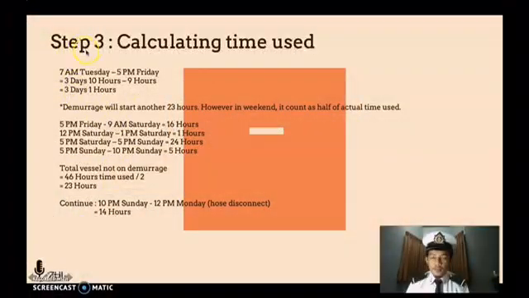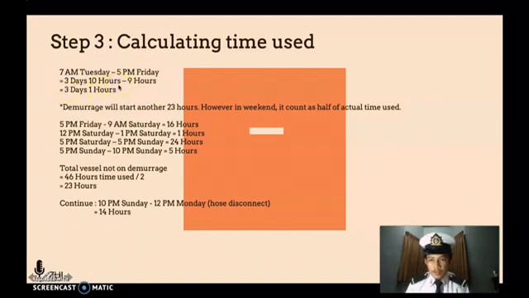So we go on to step 3, calculating time used. How to calculate the time used? We calculate from 7 AM on Tuesday until 5 PM Friday. We get a total duration of 3 days 10 hours.